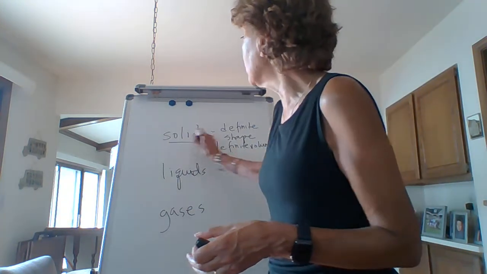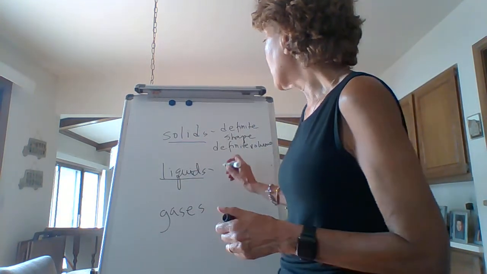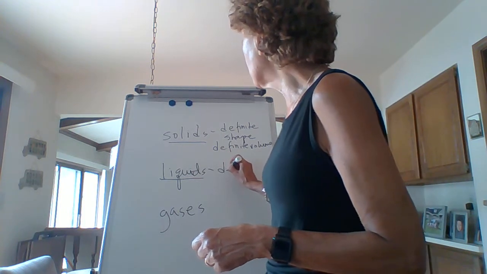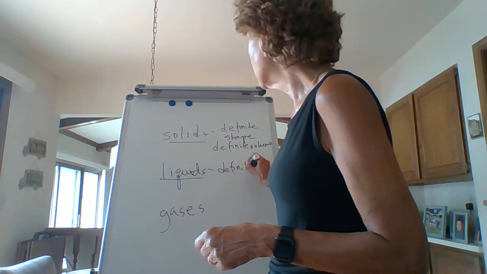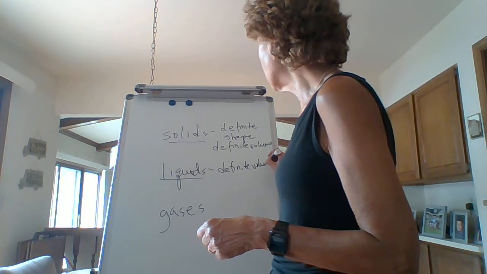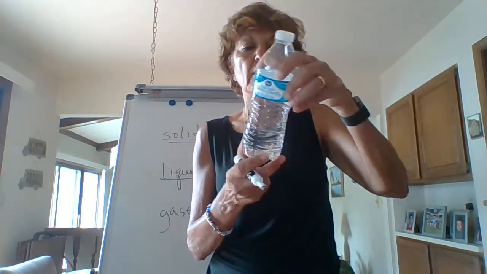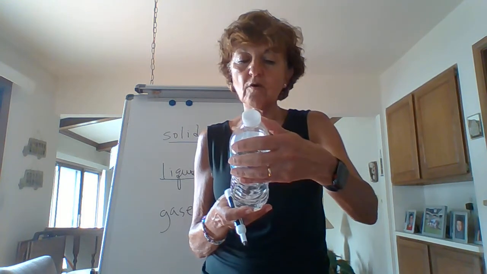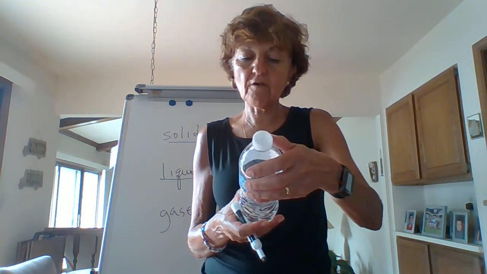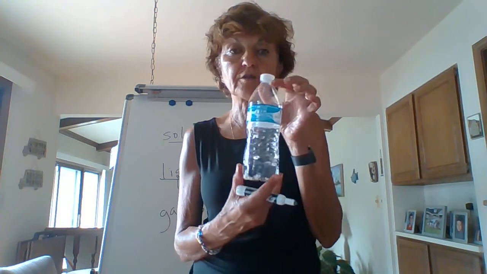Well, what about liquids? Liquids definitely have a definite volume. So for example, this bottle over here of Kroger purified water has a volume of 500 milliliters.